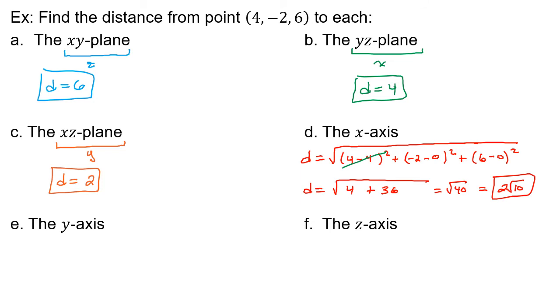And you can see that a little more when we get down to the z-axis one. If I did the y-axis, I need to get rid of the y term. And so to get rid of the y term, I would still use the point 4, negative 2, and 6.